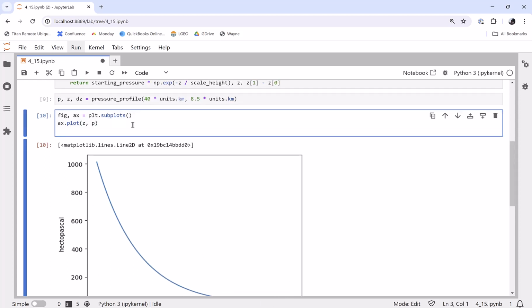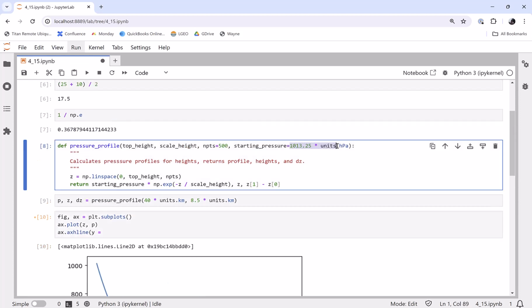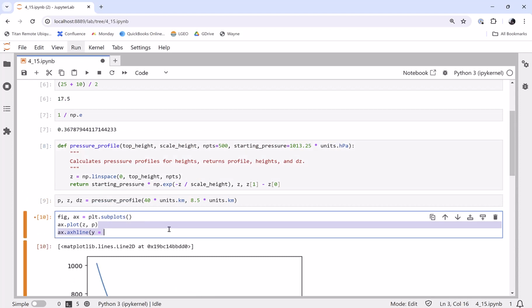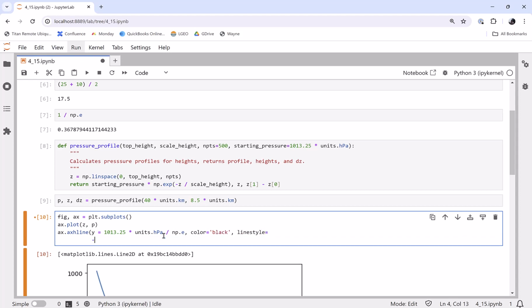But now I'm going to put some markers on the plot here. A horizontal line, and that horizontal line is going to be at our e-folding height, or the surface pressure, which we said we use the default of 1013.25, divided by e. I'm going to make that a black line and dashed.